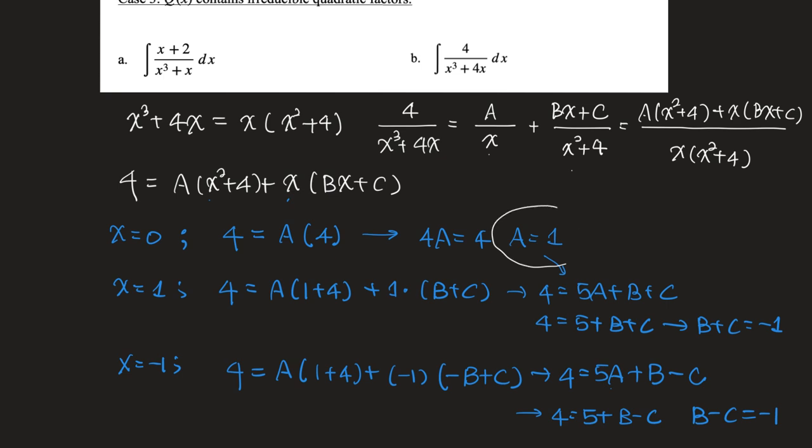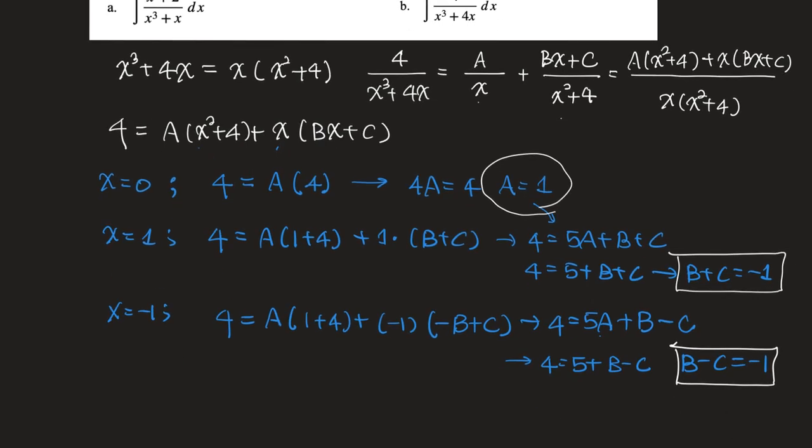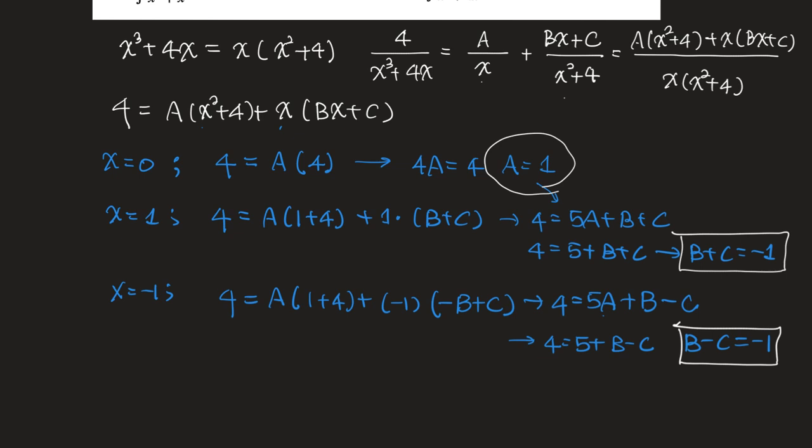So you have B plus C is -1 and B minus C is -1. Let's solve this system of linear equations. Adding together, 2B equals -2, so B equals -1. Now with B equal to -1, you can plug into any equation.